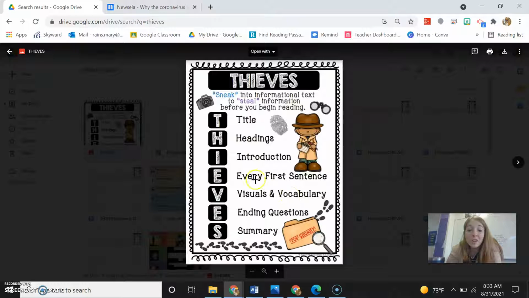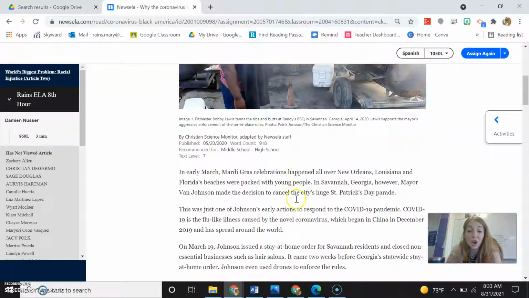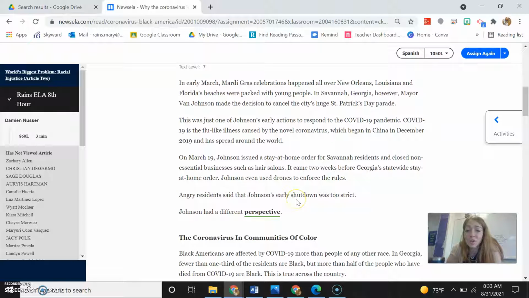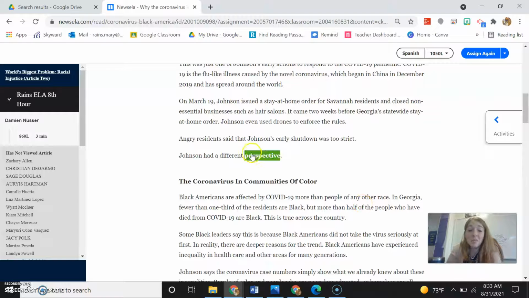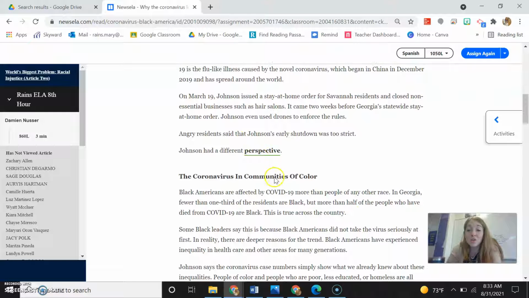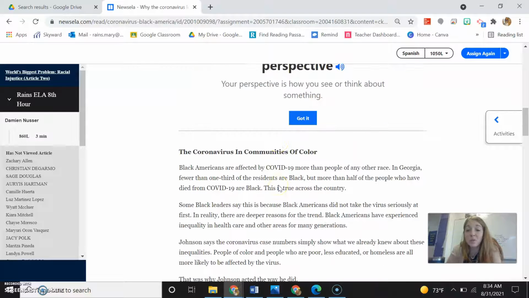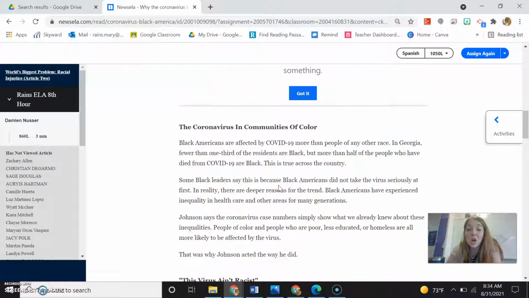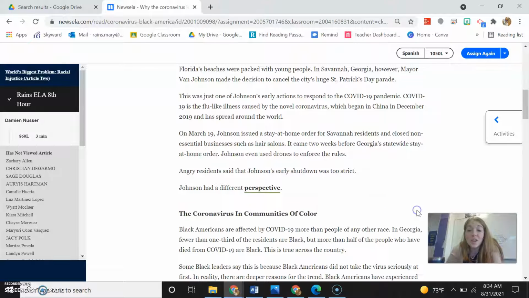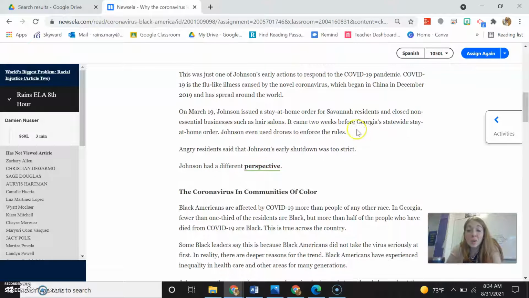And then vocabulary. As you go through, are there any vocab words or any words that you're like, I do not know what those mean? In this article, there is actually vocab that they pulled out, so you can go through and look at those. But if there are other ones that you don't understand, so maybe you didn't know what residence was or essential, or one of the non-bolded words, this is the time to go through and look up those words.